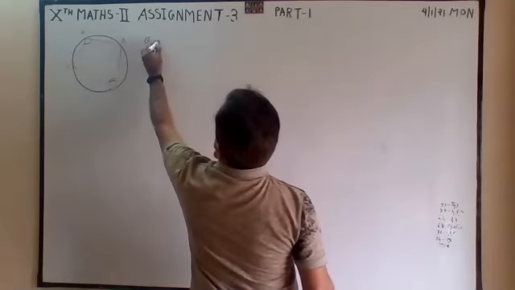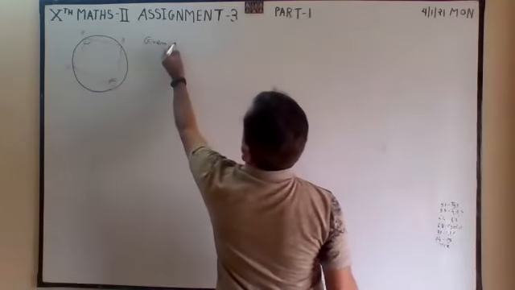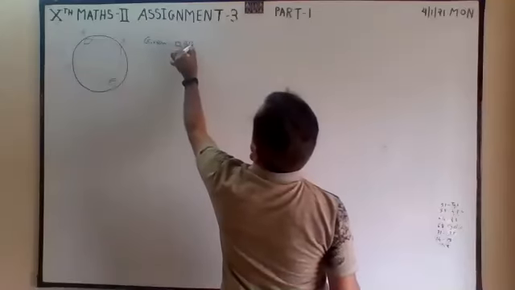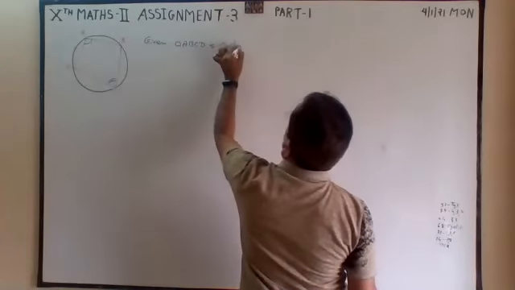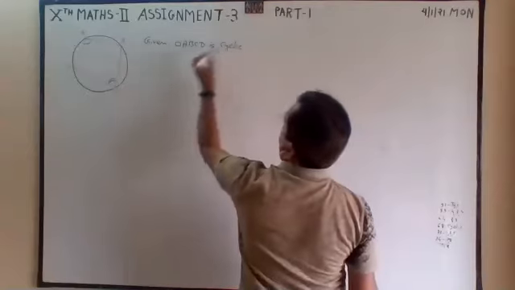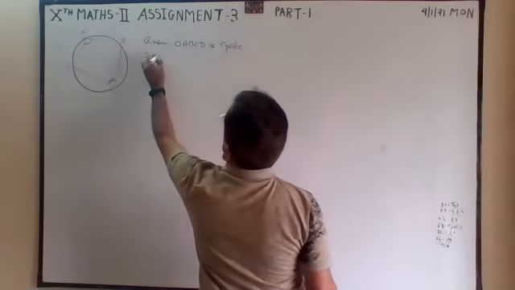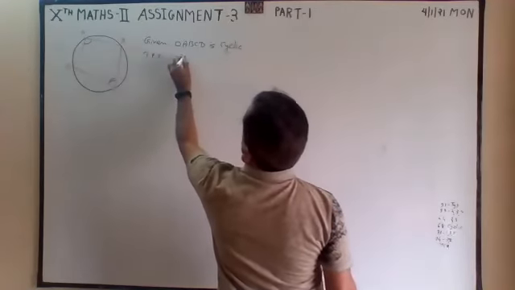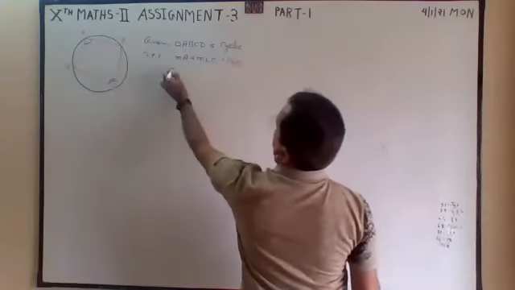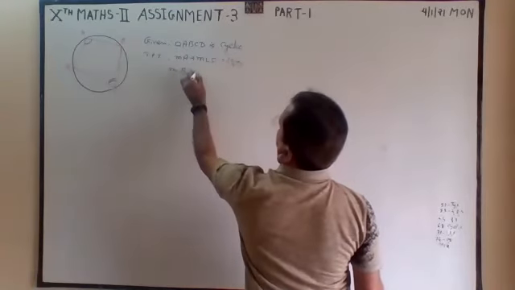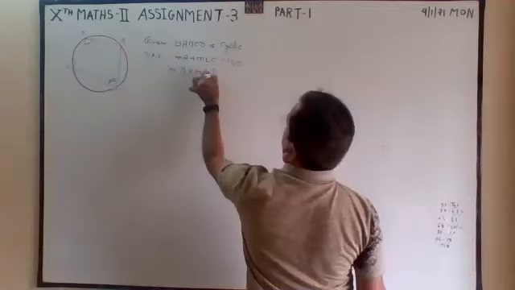Given quadrilateral ABCD is cyclic. To prove that measure angle A plus measure angle C is equal to 180. Same, measure angle B plus measure angle D.